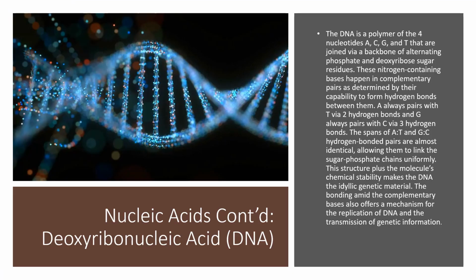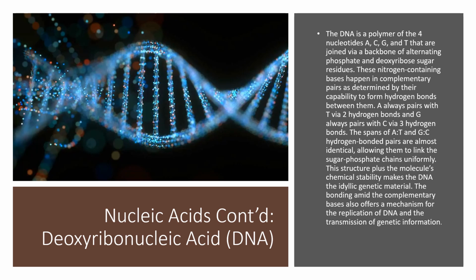DNA is a polymer of the 4 nucleotides A, C, G, and T that are joined via a backbone of alternating phosphate and deoxyribose sugar residues. These nitrogen-containing bases happen in complementary pairs as determined by their capability to form hydrogen bonds between them.